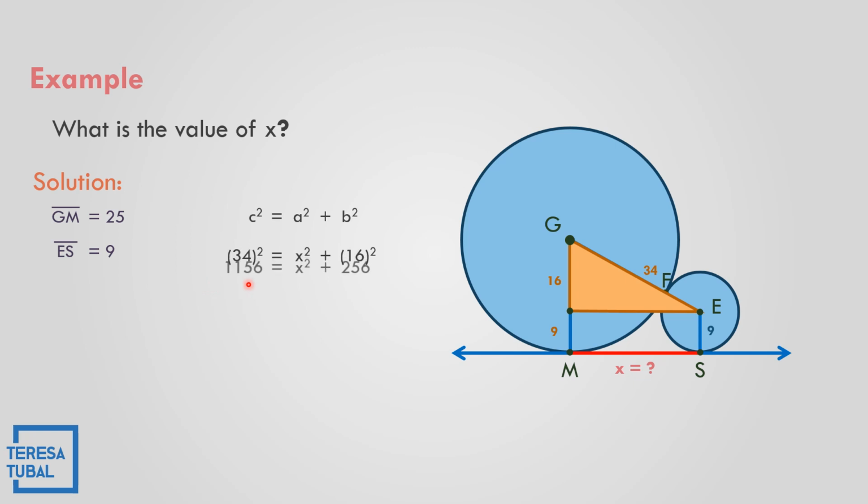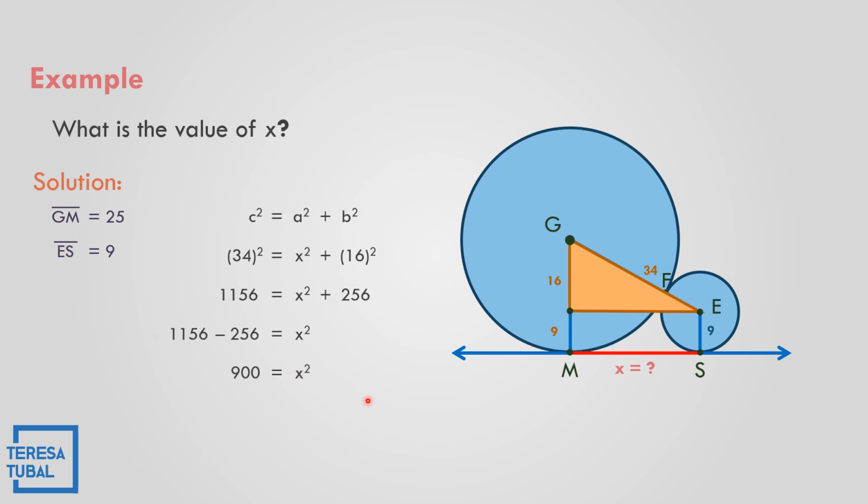34 times 34 is equal to 1,156, copy x squared. 16 times 16 is equal to 256. So, let us solve for x squared. 1,156 copy x squared, positive 256 going to the left, change the sign, negative 256. 1,156 minus 256 is equal to 900, copy x squared.